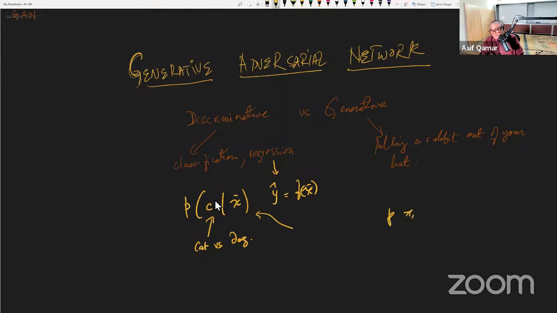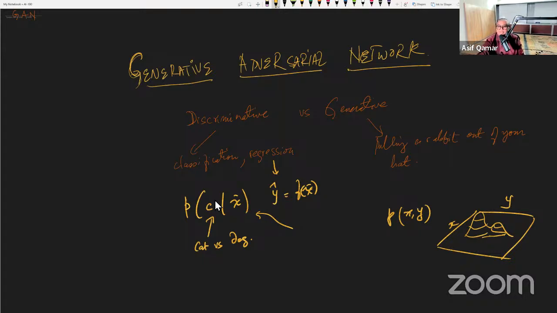Suppose you knew the entire distribution of the data, the joint distribution of the input and output. So for example, let's take one-dimensional input and one-dimensional output. Suppose you knew this is how the probability distribution of the data is.